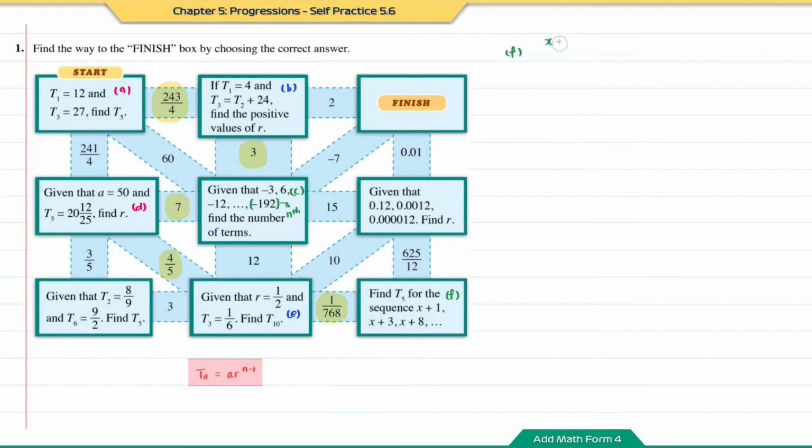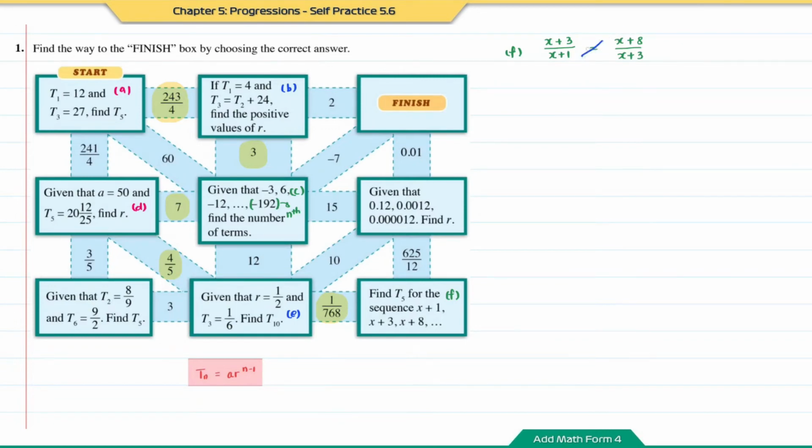So if we take x plus 3 over the previous term, x plus 1, the value that we have here will be equal to x plus 8 over the previous term, which is x plus 3.